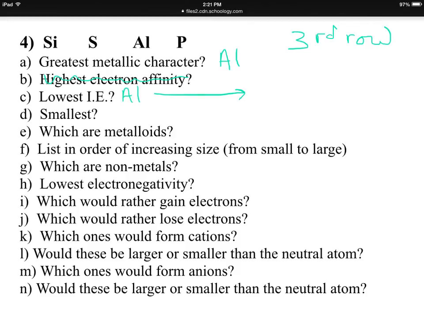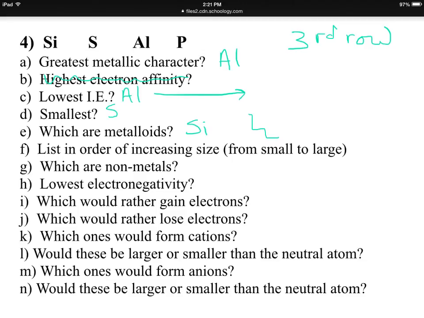The smallest, well, the smallest would probably be sulfur. It's the one that is on the farthest to the right. Which are metalloids? I think silicon. If you look at the location of silicon, and remember you have that stairway on your periodic table.